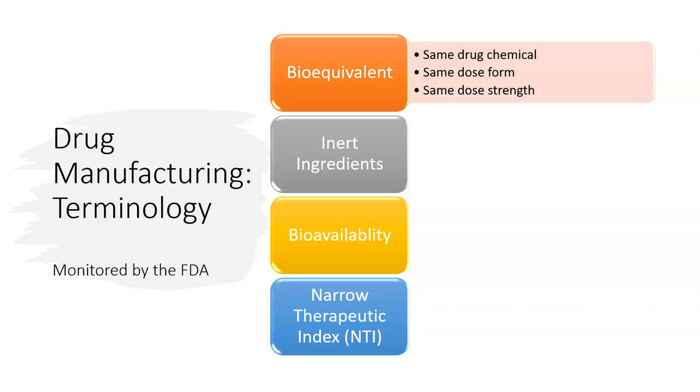So the body's going to recognize it as equal, but it may not be 100% of the drug available at all times to the body in the same way. And that's partially based on the inert ingredients. Inert means the non-active component. It could be a binder, a filler, or preservative.